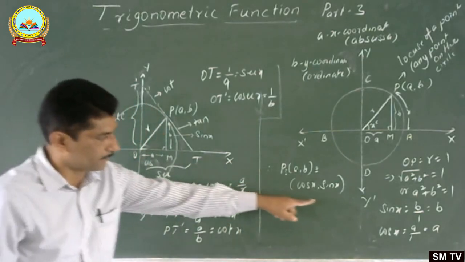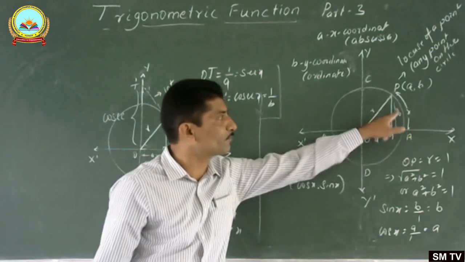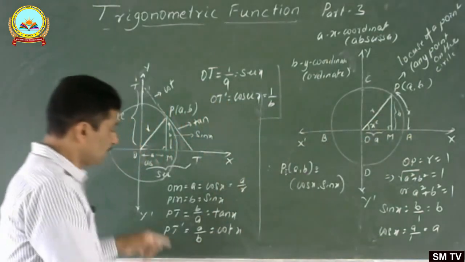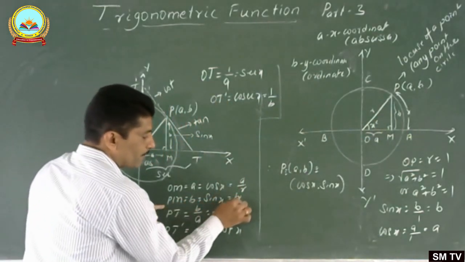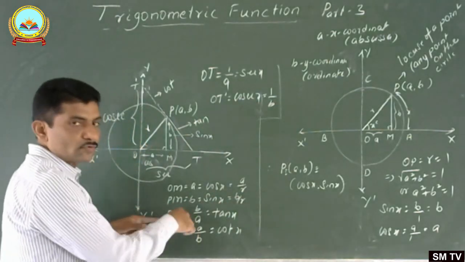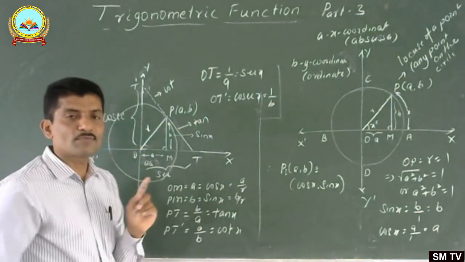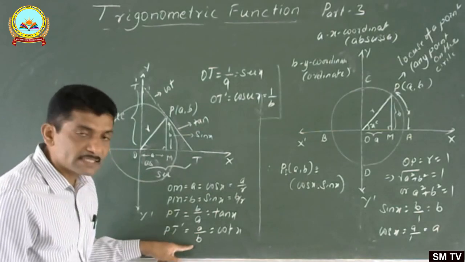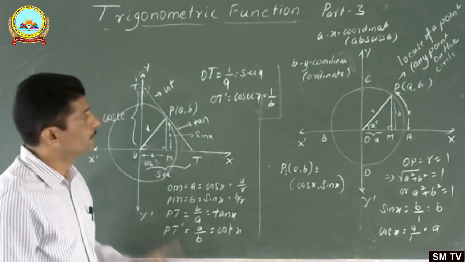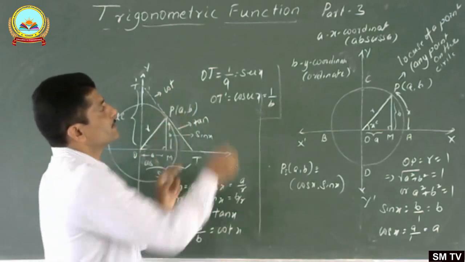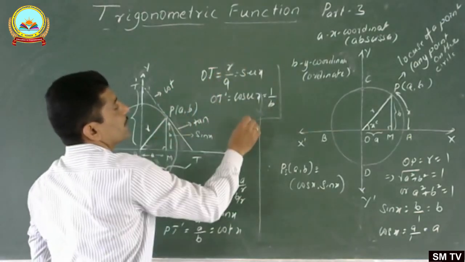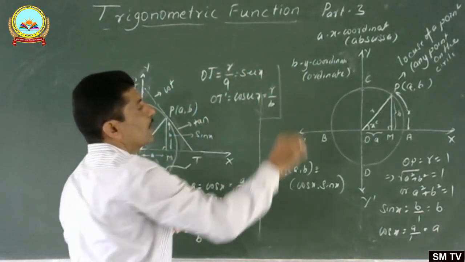Here r is 1, so cos x means a divided by 1, where 1 is the radius of the circle. Sin x is equal to b divided by r, tan x is equal to b by a, cot x is equal to a by b, secant x is equal to r by a, and cosecant x is equal to r by b.